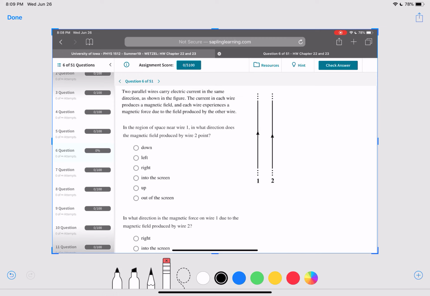The question is, in the region of the space near 1, in what direction is the magnetic field produced by wire 2 pointing? So they're asking about this space. What direction is the magnetic field produced by wire 2 pointing? If you put your thumb in the direction of wire 2 and then curl your fingers around, you see that it comes out of the page near that point.